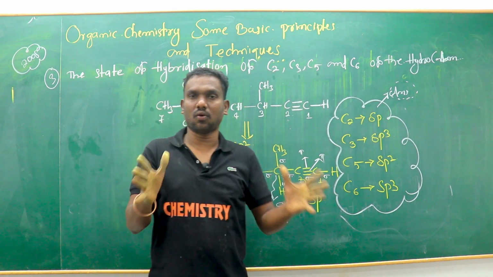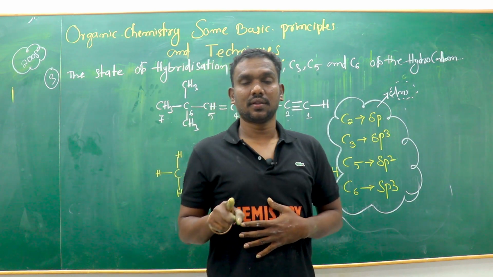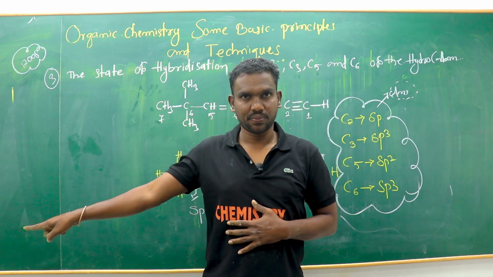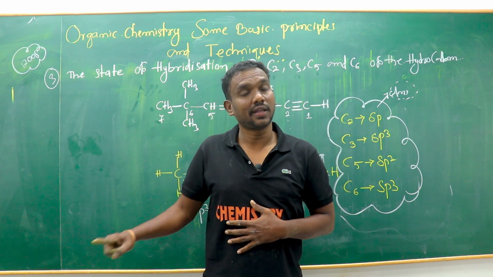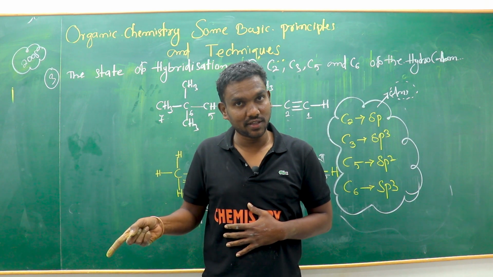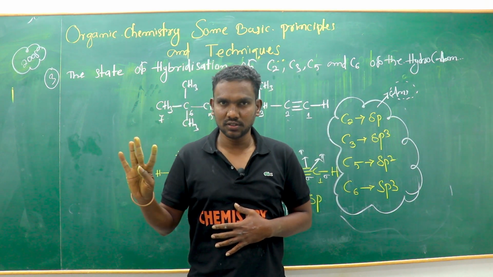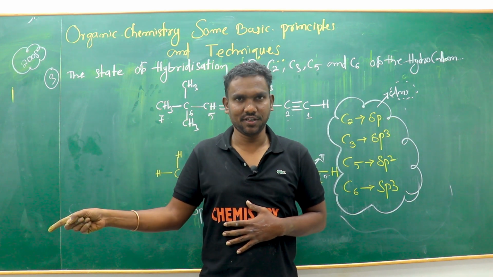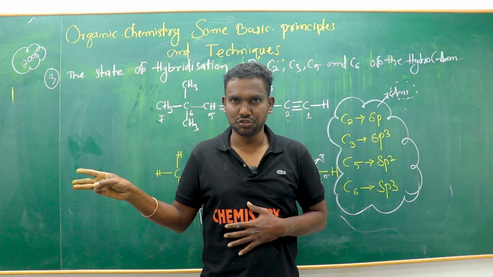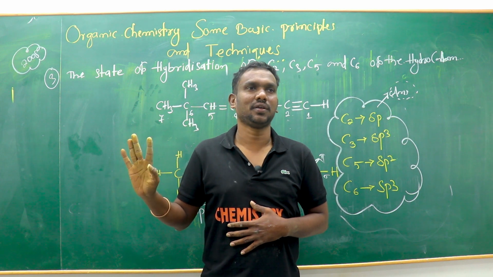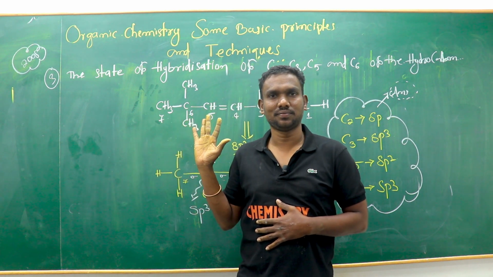See, four sigma bonds belong to sp3. If two sigma bonds, that is sp. If three sigma bonds, that is sp2. Once again I repeat, four sigma bonds sp3, three sigma bonds sp2, two sigma bonds sp. That's all beta ji, that's all, right?